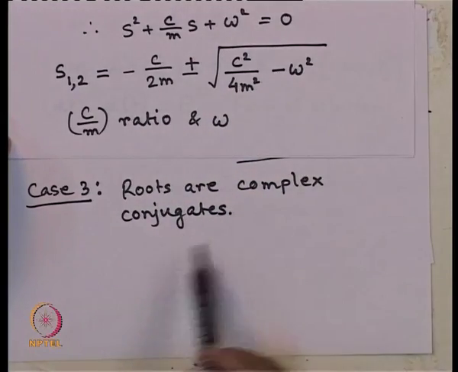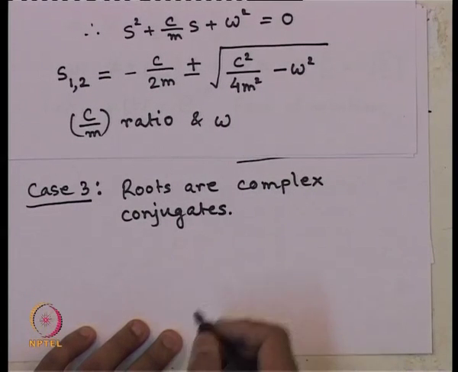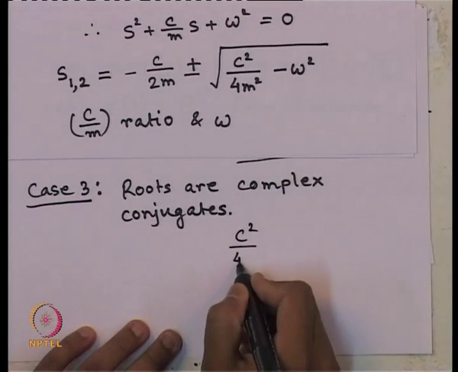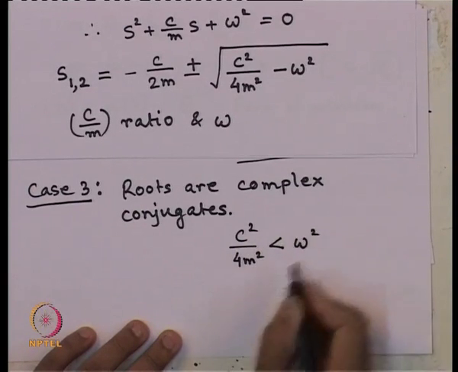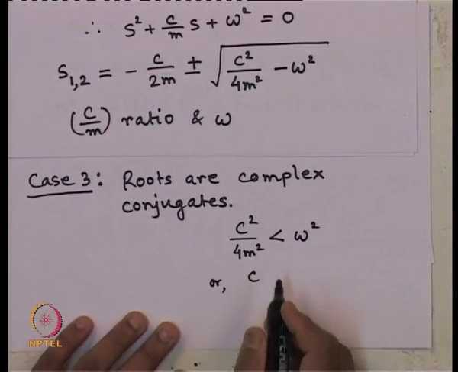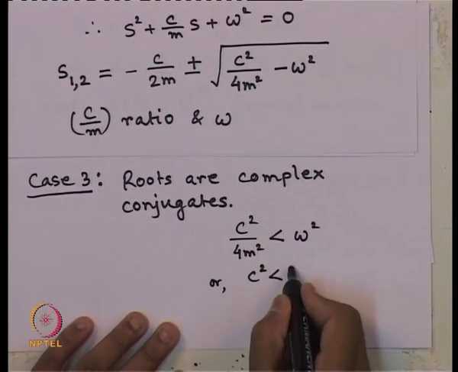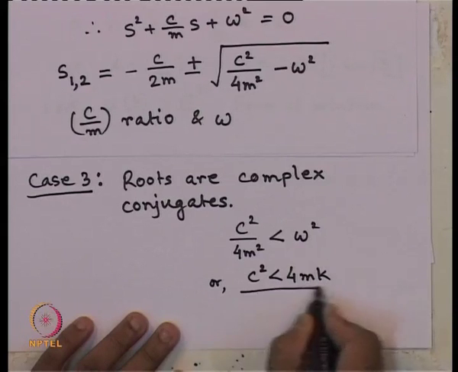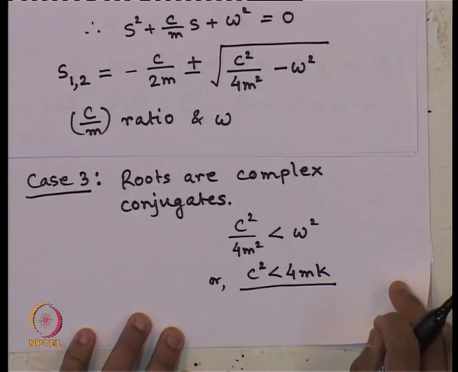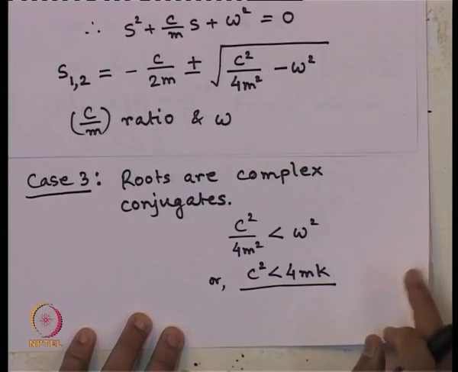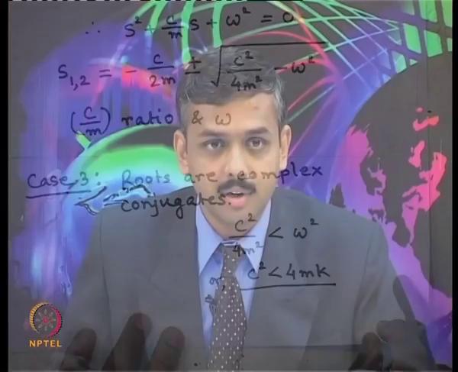So, that will form the complex conjugate. The condition for this will be c square by 4m square is less than omega square, or in other words c square should be less than 4 m k. So, these are the three possibilities of solutions which we can get for this differential equation from the governing equation of motion. Now, let us look at each of these three cases.